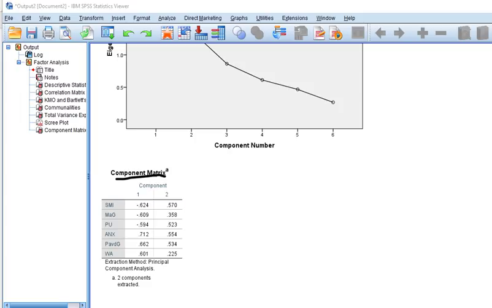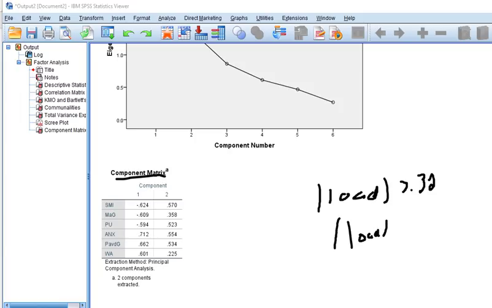A conventional loading criterion, and there are various rules of thumb, is a loading in absolute value greater than 0.32; we would use that measured variable to help in naming the component. Another threshold that I've seen is a loading value greater than 0.4.